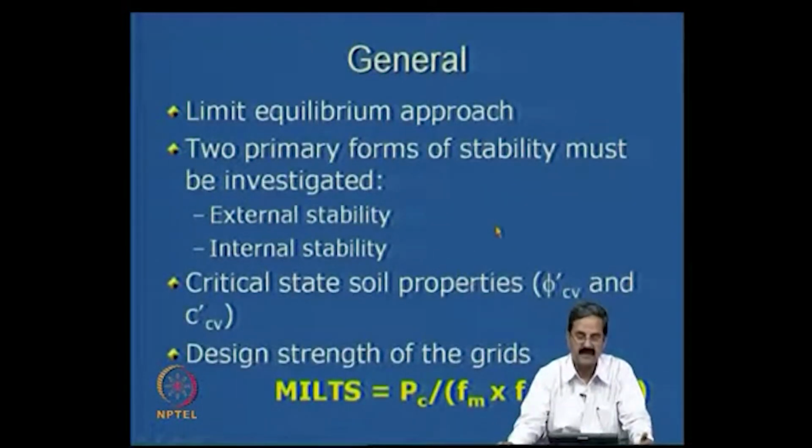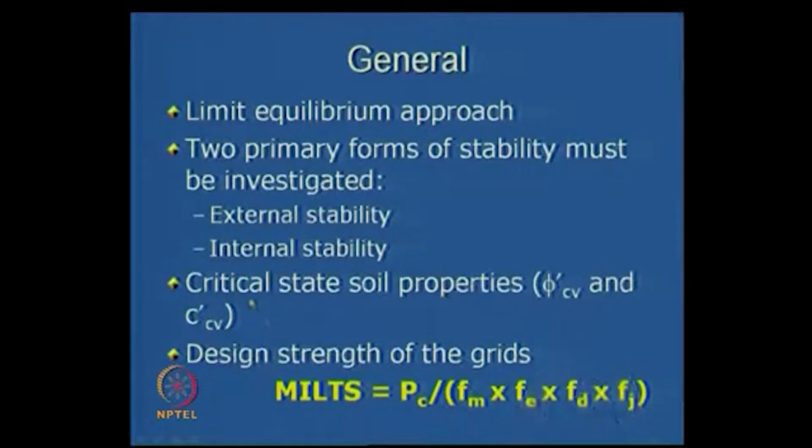So, how do you go about design, particularly when you are trying to use the reinforced soil technique? We use a limit equilibrium approach. We need to look for external stability and internal stability, and the properties of the backfill will be the friction angle at constant volume, phi, and c.